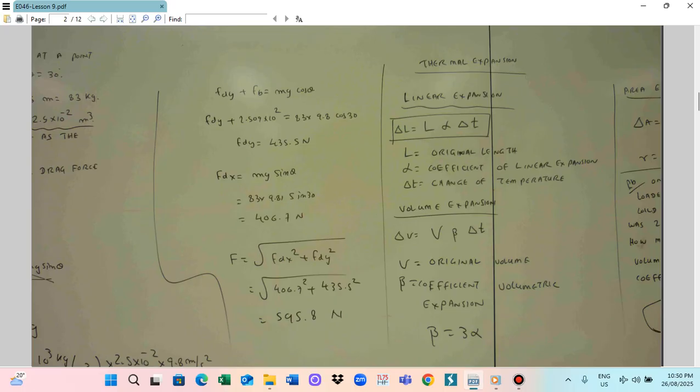So the delta L can be calculated as L alpha into delta T.